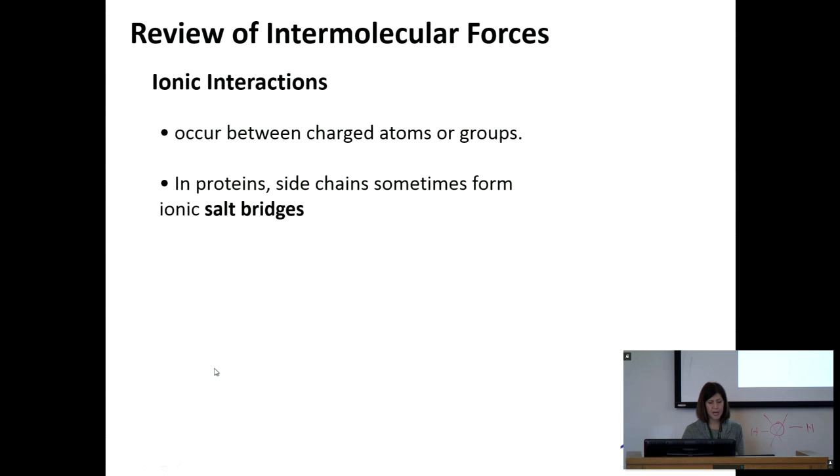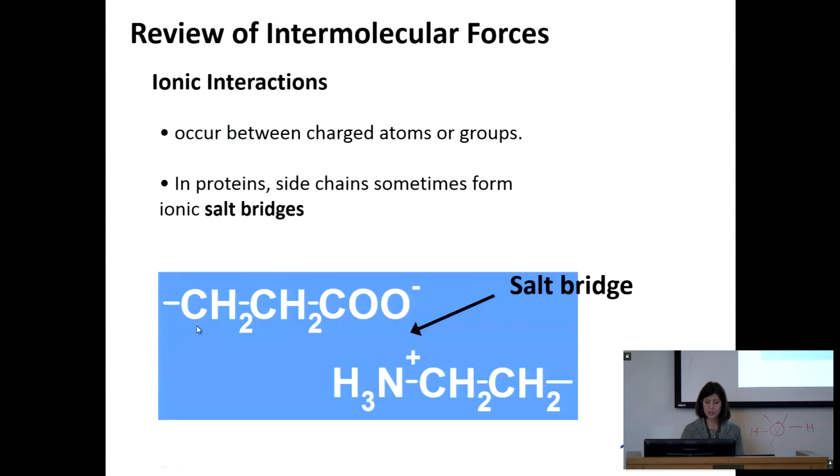In proteins, what we have is ionic salt bridges. We have amino acid side chains that are either acidic or basic. If it's acidic at neutral pH, it's going to be negatively charged. If it's basic at neutral pH, it's going to be positively charged. So here I'm showing the side chain of an acid amino acid, the R group, and here's the R group of a basic one.